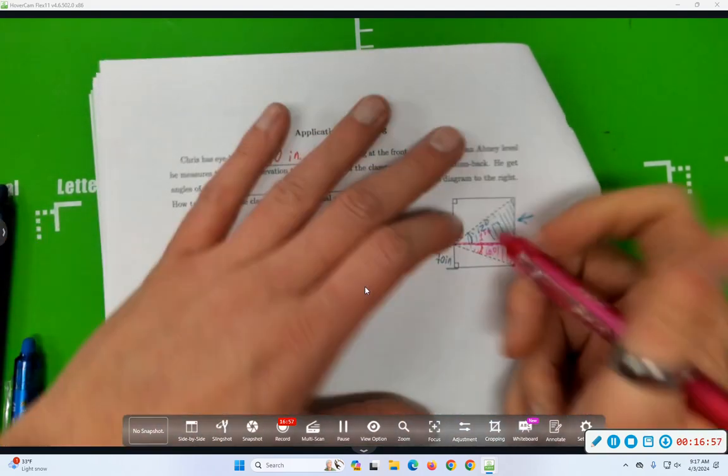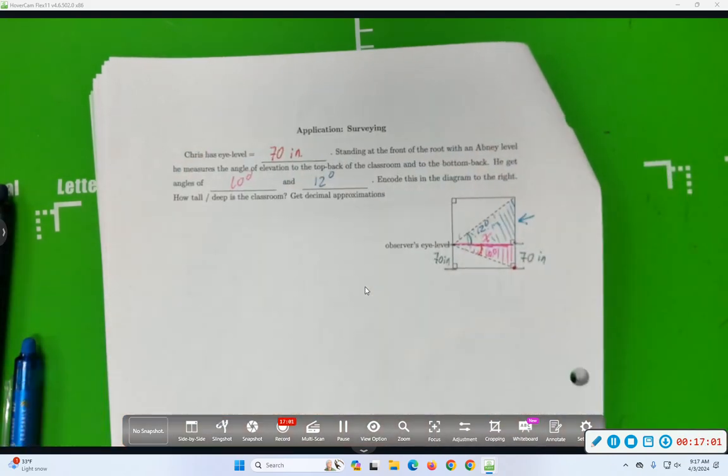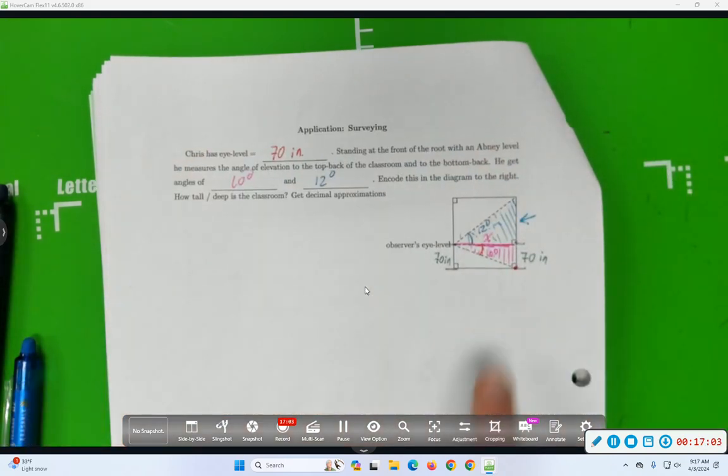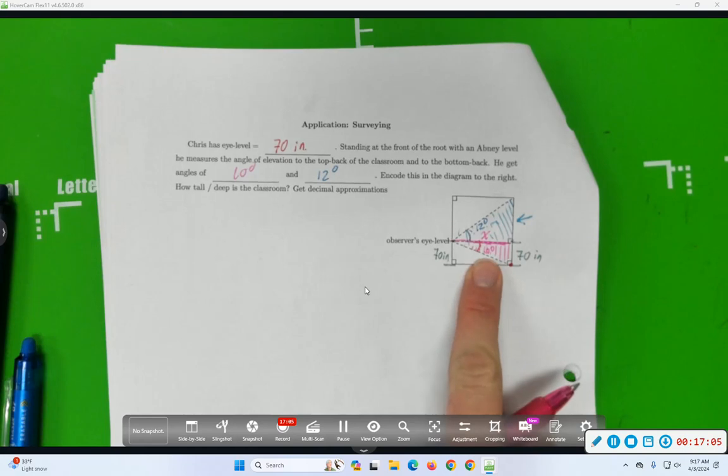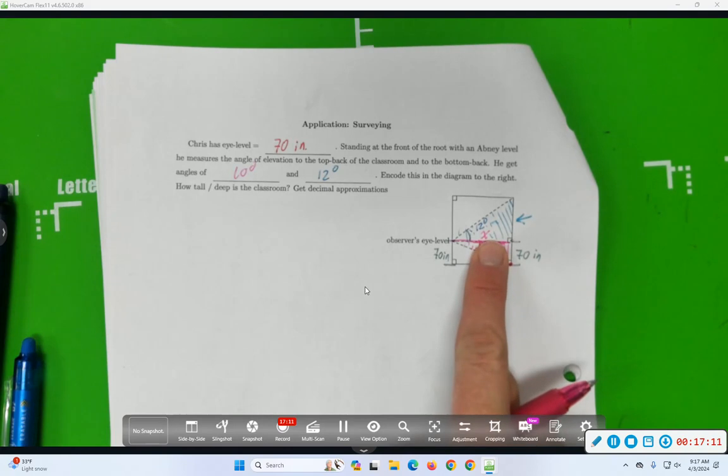All right, so I said I'd find that pink side length first, so let's give it a name. Let's call that x. And it looks like this 10-degree angle has something to do with x, so let's use that. I know the opposite side length from that 10 degrees. I would like to know the adjacent side length, so I think tangent is the important thing to work with.